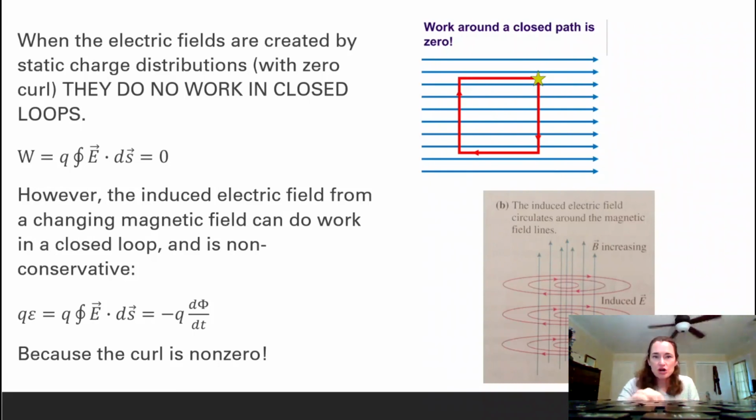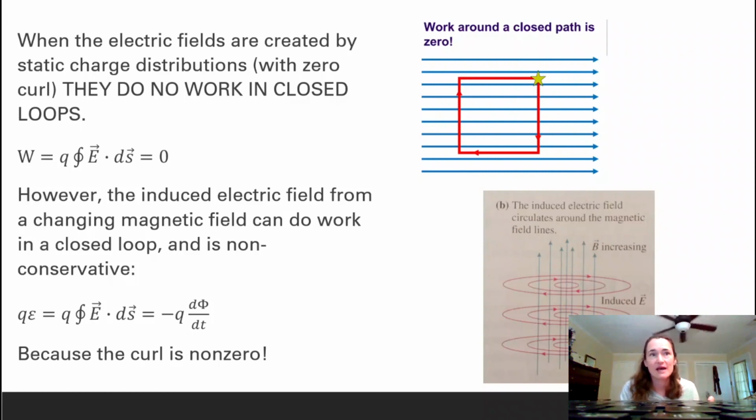Let's say you've got a charge moving its way around a circuit. What happens when you have currents in circuits? The wires heat up. Why do they heat up? Because of dissipative forces from the resistance. Anytime you have dissipative forces, you've got a non-conservative force. So that's one way to think about it, if that helps you remember.